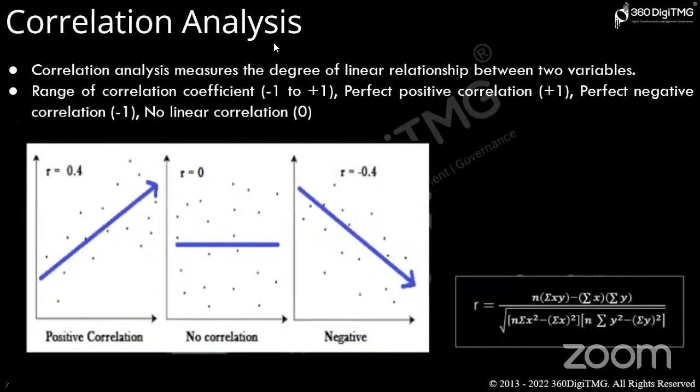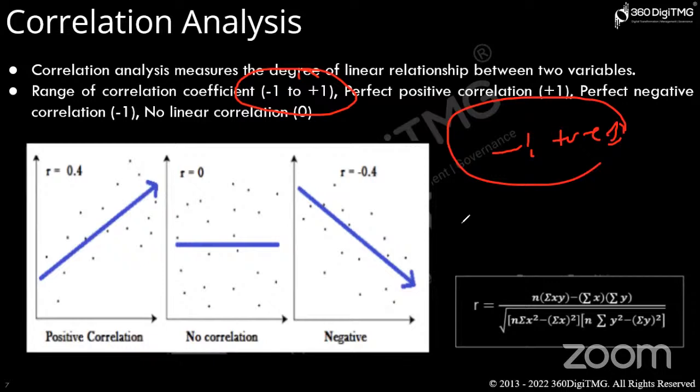I've told you, right, we can quantify the correlation, how much correlation we have, using the correlation coefficient. Here the correlation ranges from -1 to +1.